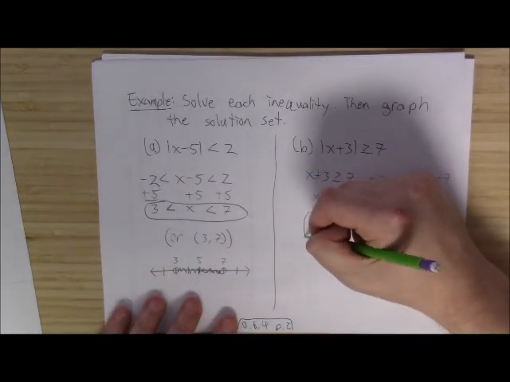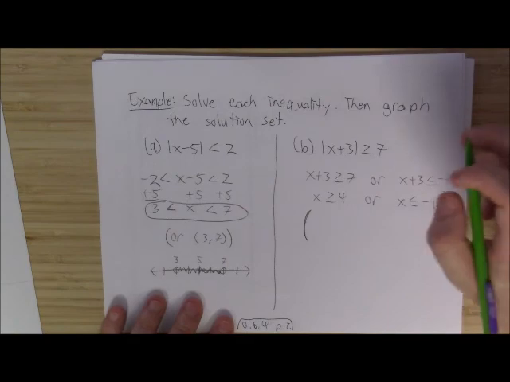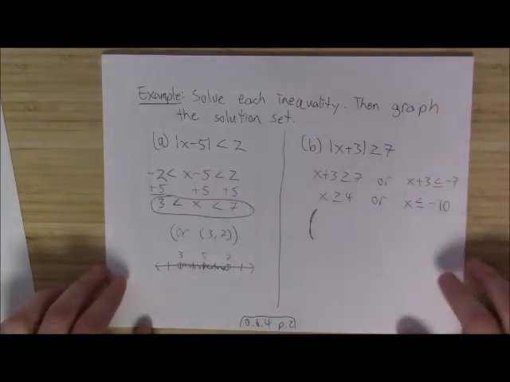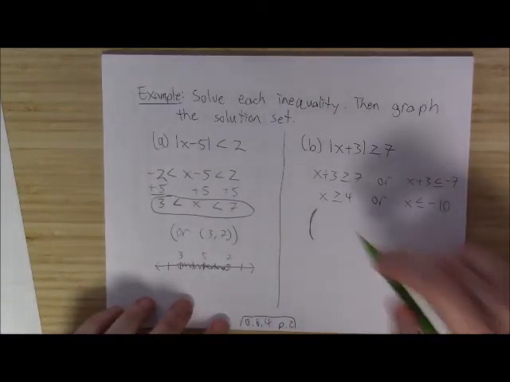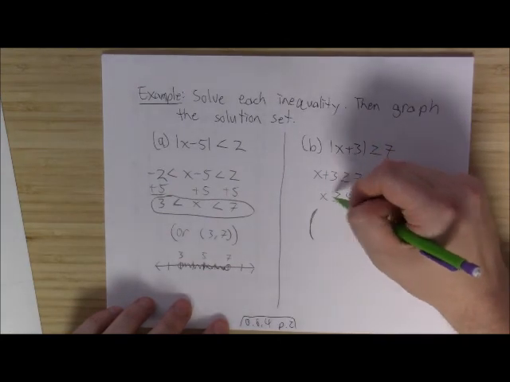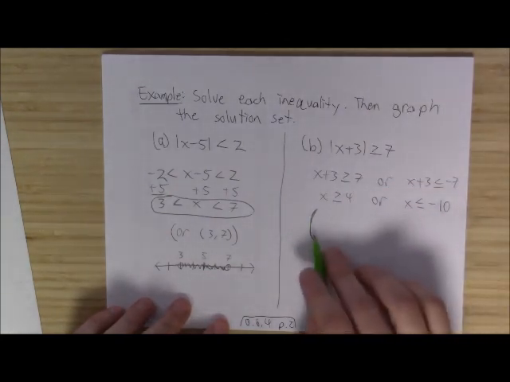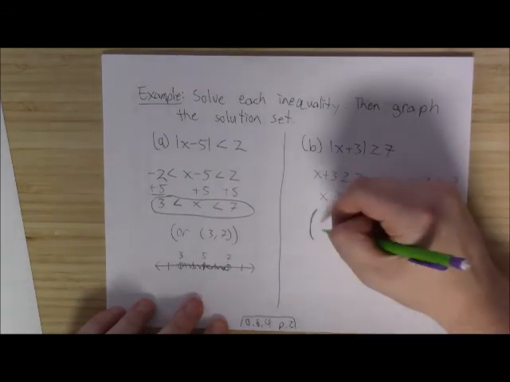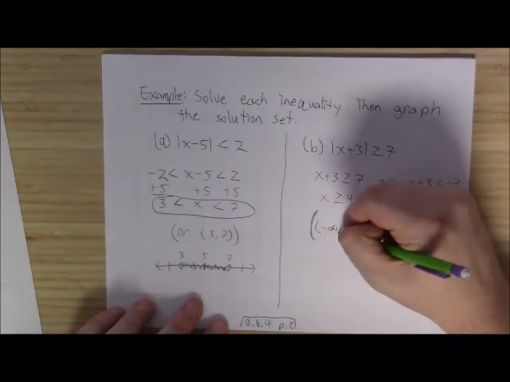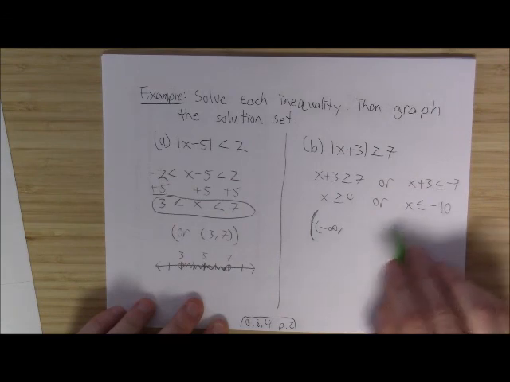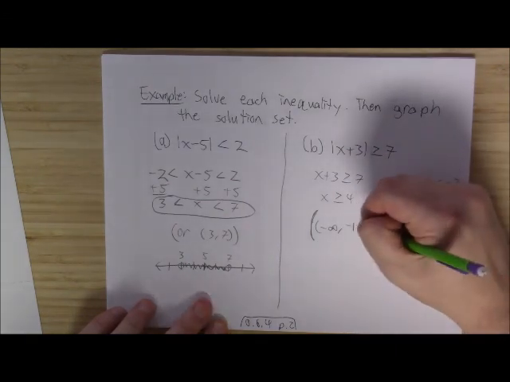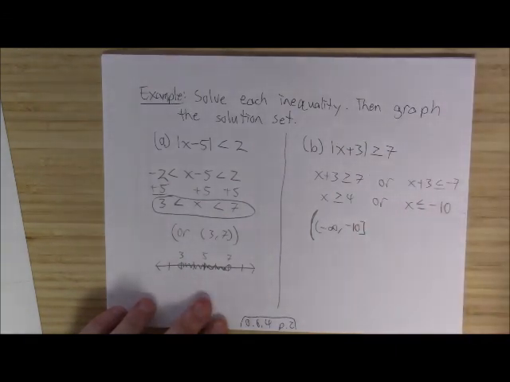However, how would we write that in interval notation? Well, we have to use a special symbol here called a union. Namely, first let's start on this side because I like to go from left to right. So starting at negative infinity, we go all the way up till we get to negative 10. And we could include that, right?